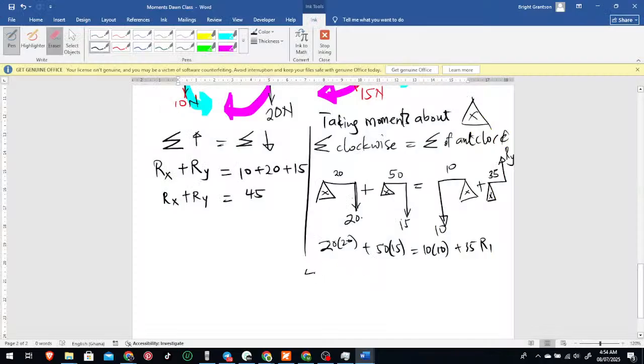So 400 plus 750 equals 35 R1. So 1150 minus 100 equals 35 R1.